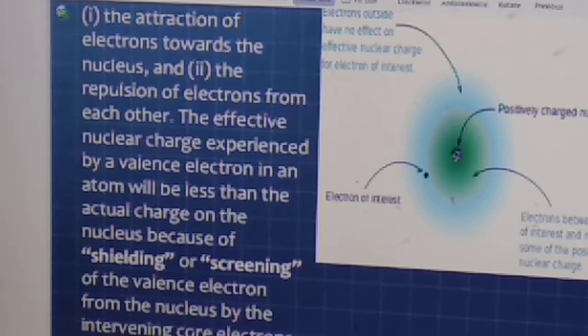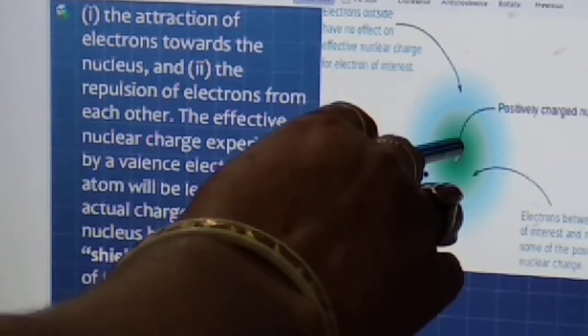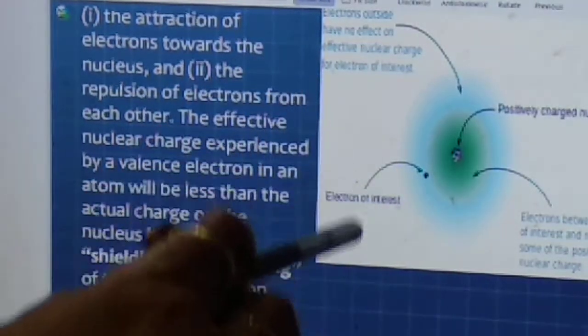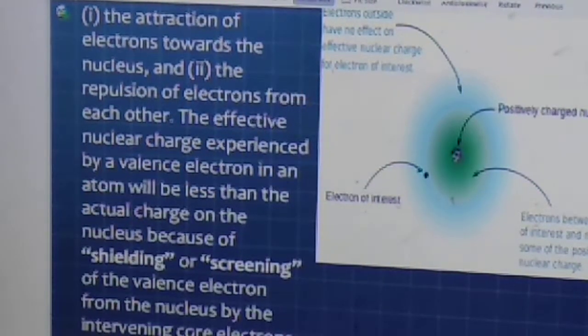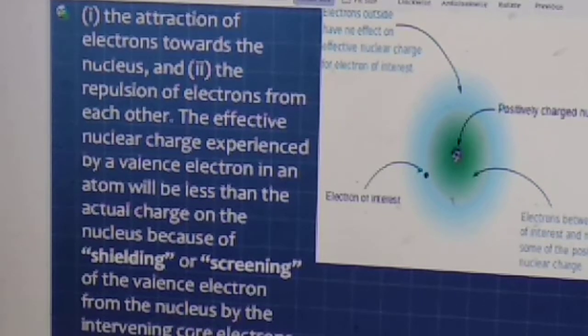And this repulsive force reduces the attractive force from the positively charged nucleus to the valence shell electrons. So there is the shielding effect created by the inner shell. And my dear students, the shielding effect of s orbital electron is more than p orbital, than d orbital, than f orbital, because the s orbitals are nearer to the nucleus.